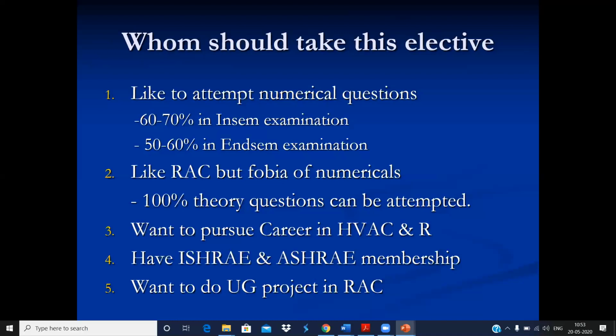If you have an ASHRAE and ISHRAE membership, this subject is important, because otherwise it is not justifiable to take the membership, since both societies work for the HVAC field. This will add value to your resume, and along with the membership, you also gain advanced knowledge of refrigeration and air conditioning.